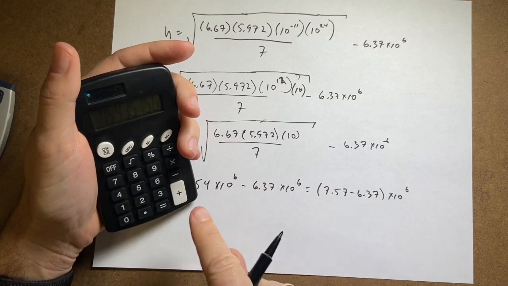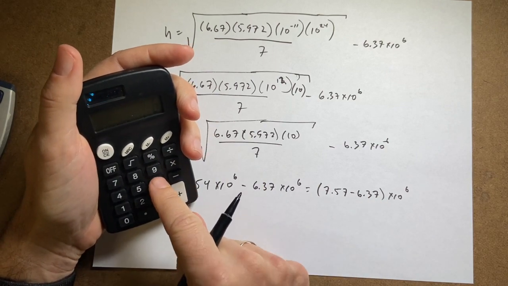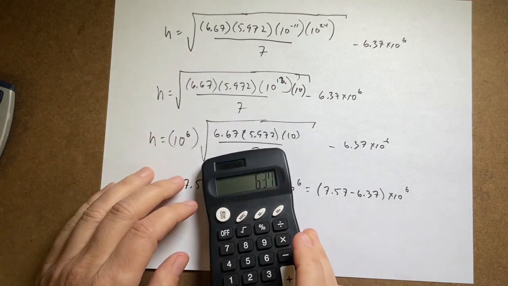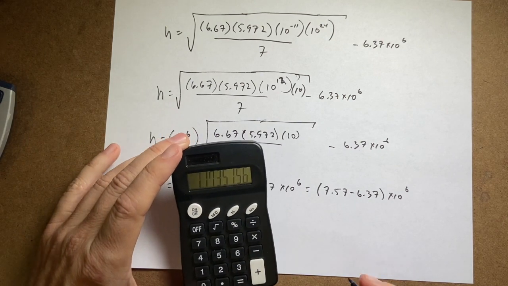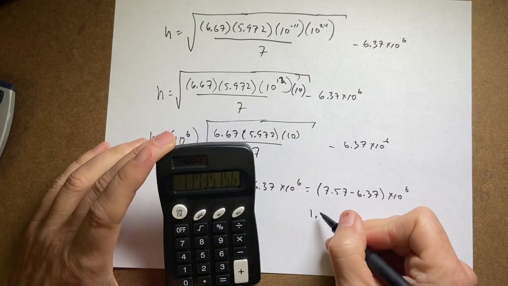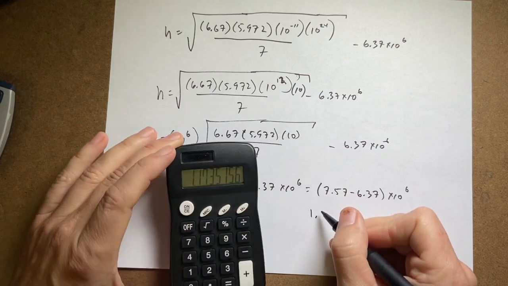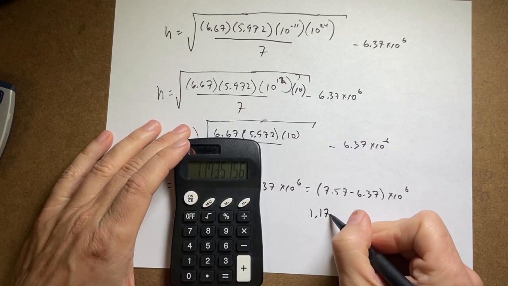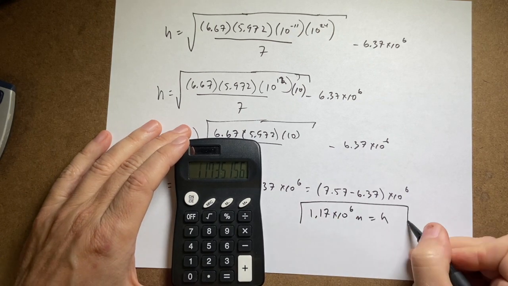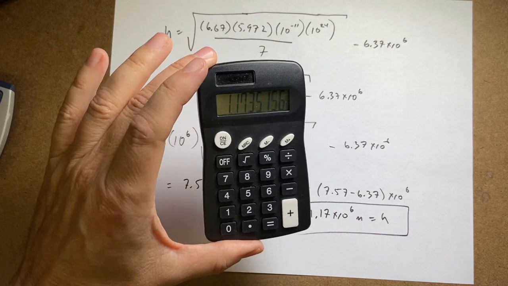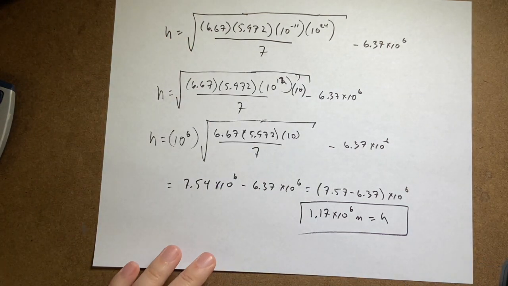I already have that number, and I say minus 6.37. Equals. And I get 1.17 times 10 to the 6th meters equals h. Did it with this little guy. Okay. That wasn't so bad, huh?